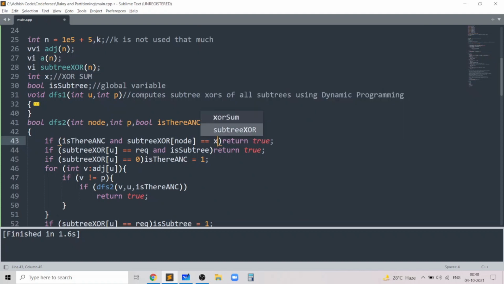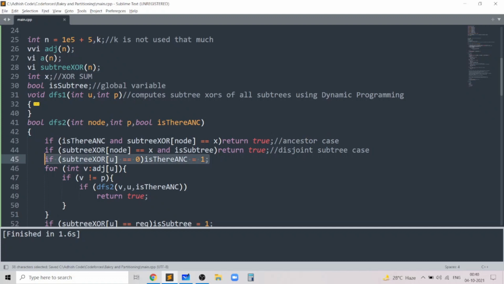And also if the subtree XOR of the current node is equal to x and there is a subtree. So if either of these two conditions are met, then we return true. So notice that the second one is the disjoint subtree case, and the first condition is the ancestor case, and those are the two cases.